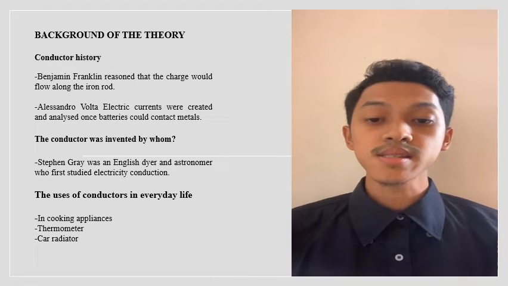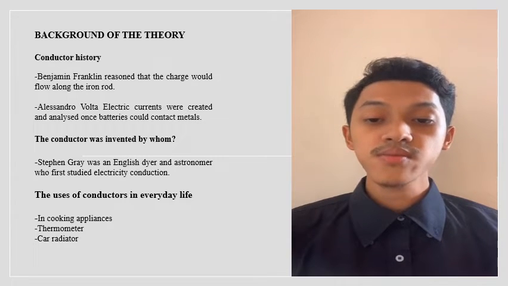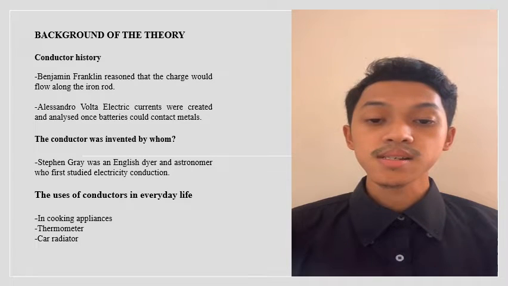Next, the uses of conductor in everyday life. Firstly, cooking appliances. Cooking appliances require conductor cookware to transmit heat from its source. Second, iron, to iron clothes. An iron is a household instrument that uses heat energy from electricity to clear messy garments.